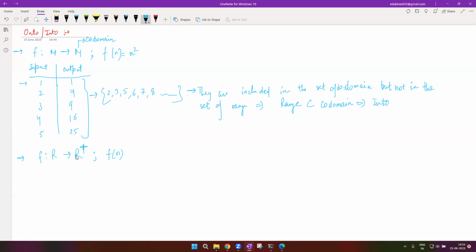This means all the positive real numbers, with 0 also, obviously. So if I consider this and f(x) as x square, then this is onto. Why onto? Because x square can take any positive value now.